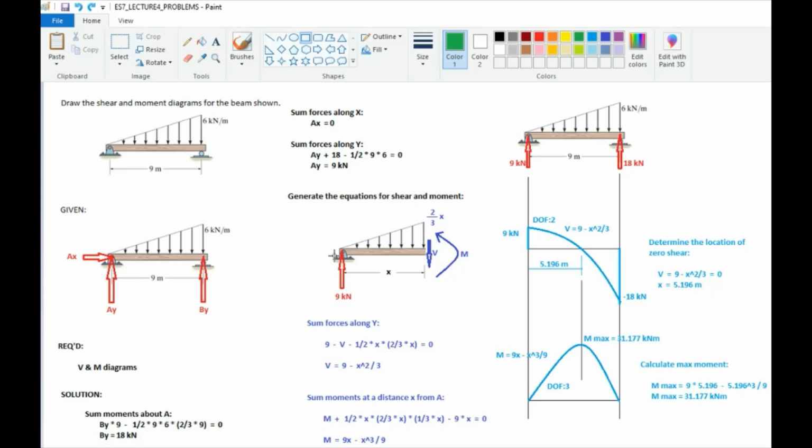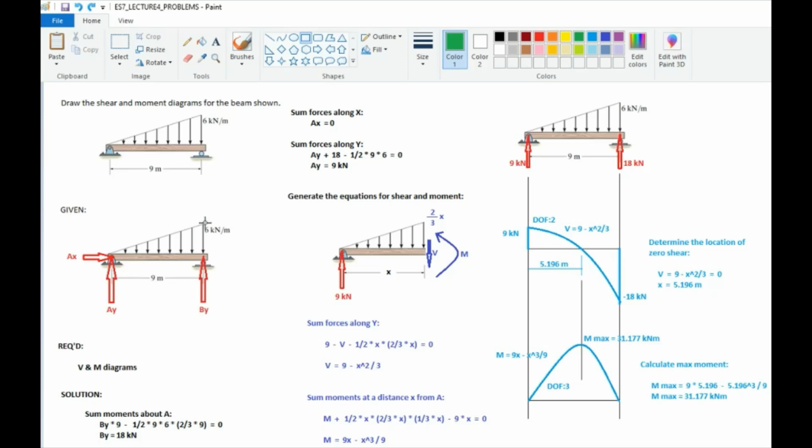Alright, so I copied the reaction at the left, which is 9 kilonewtons. And for the load on top, of course it is not 6. But we know that the overall length of the beam is 9 and the maximum load here is 6.